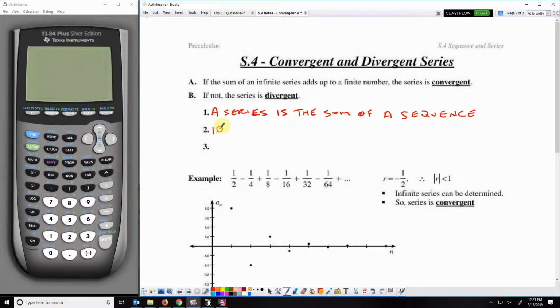If the values along the sequence approach 0, then an infinite series can be determined.